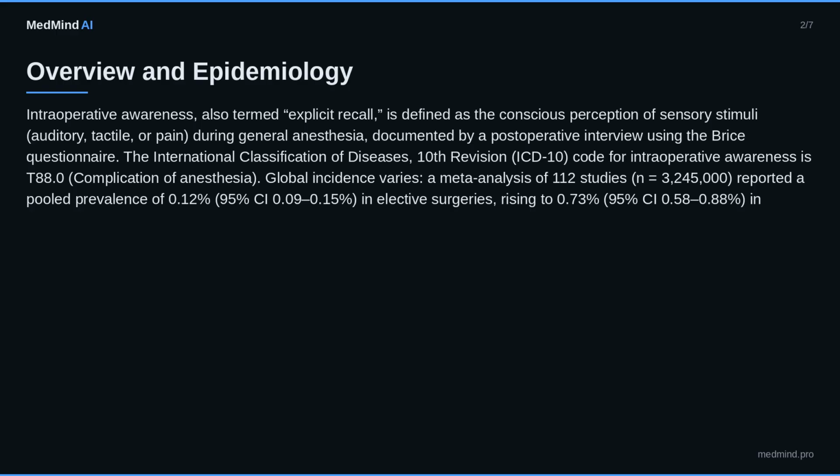Racial disparities are evident. African American patients have a 1.35-fold increased risk, RR equals 1.35, 95% CI 1.10 to 1.66, compared with Caucasian patients, attributed partly to socioeconomic factors and access to advanced monitoring.